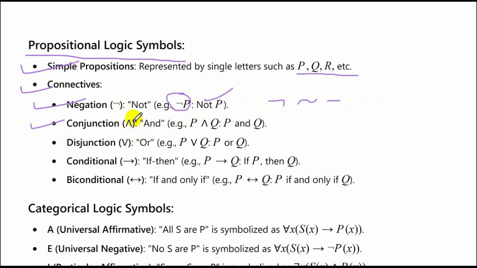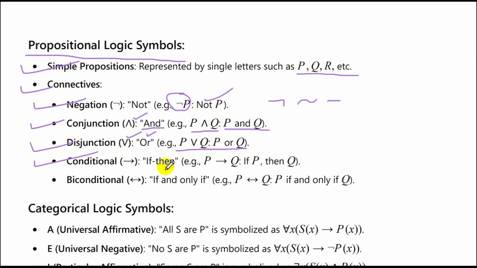Conjunction is represented by the symbol that means and. Example, P and Q, which means P and Q, like this. This is the and symbol. Disjunction is represented by the V symbol. It means or, P or Q. Conditional statement, right-headed arrow.